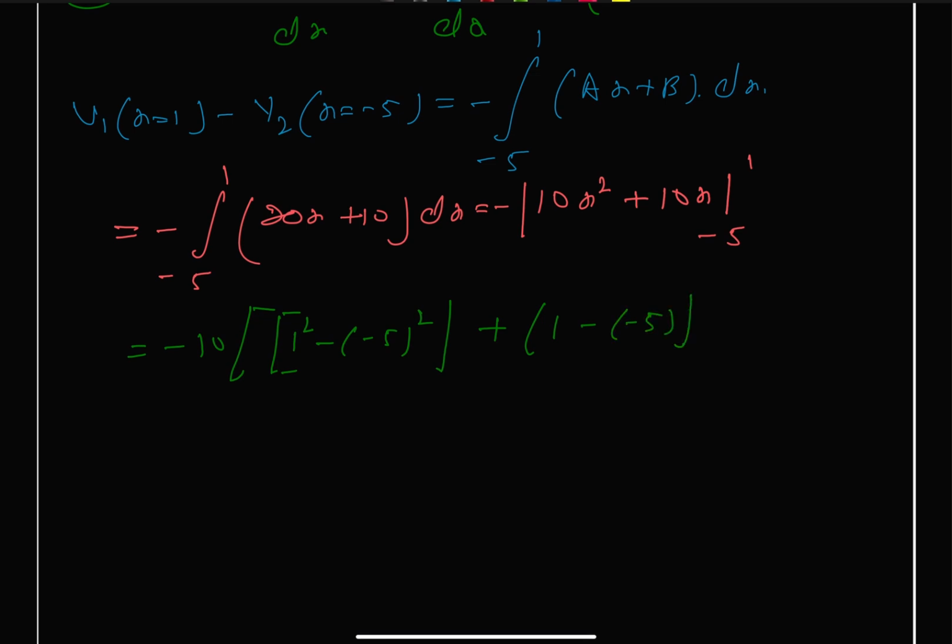Okay, so we get minus of 10, and that will be equal to 1 and this plus 25, and plus, so this will be 24, and this will be 5 plus 1, 6, and this comes as 60.